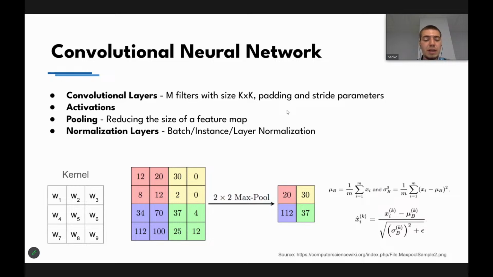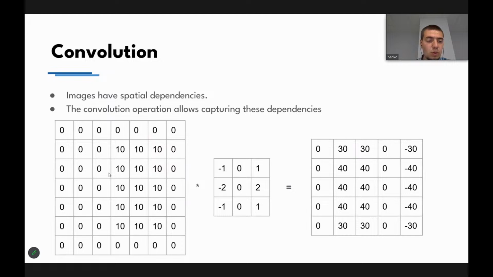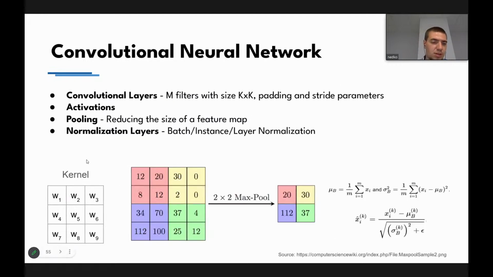There is this padding, and the padding is used since once we do the operation, we're going to lose some rows and columns on the output. As you can see, the top row and the bottom one is lost, for example. And this is why in advance, we are going to fill in with zeros to make sure that we don't lose this dimension. So the output is the same as the input.